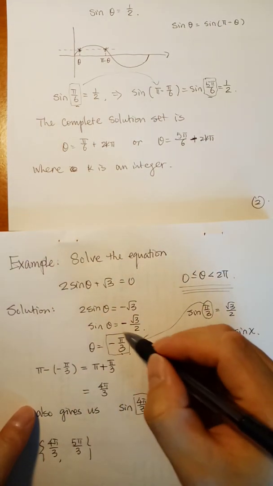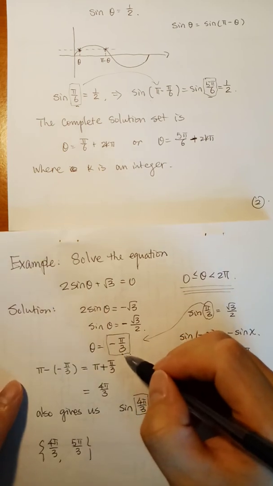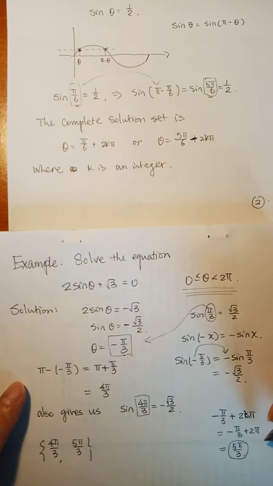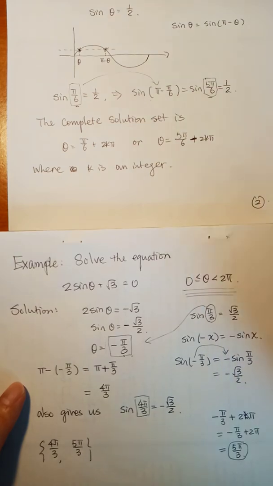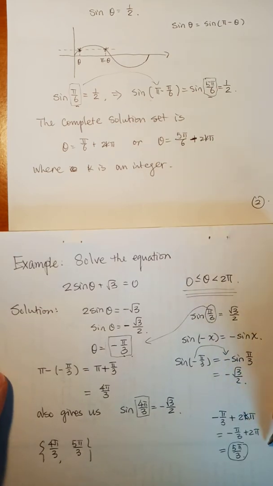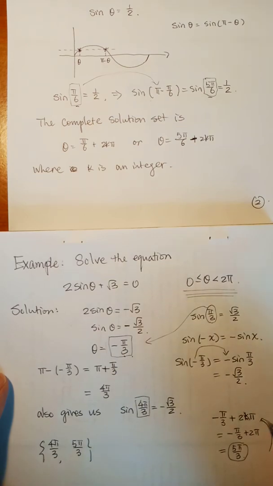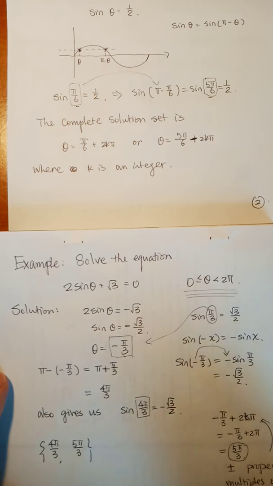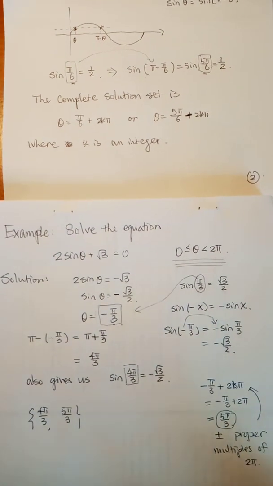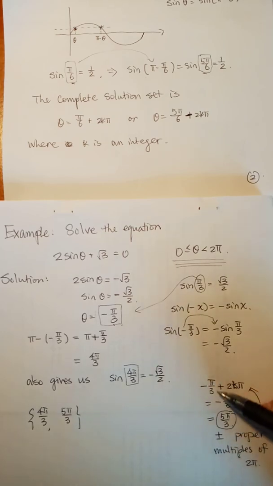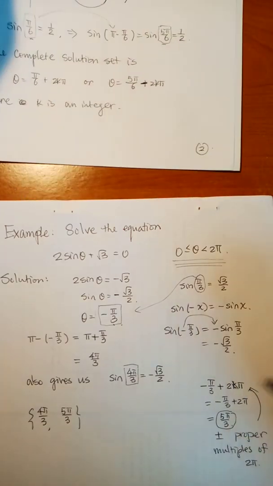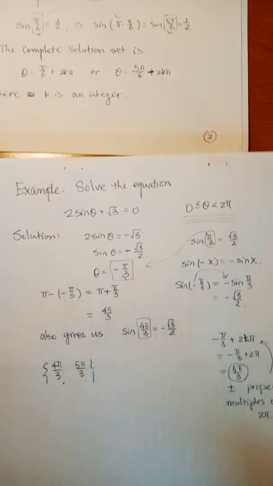Then you have to manipulate your first solution by the periodicity, 2 pi plus or minus proper multiples of 2 pi. It depends on what angle you find here and what domain you need here. Okay?